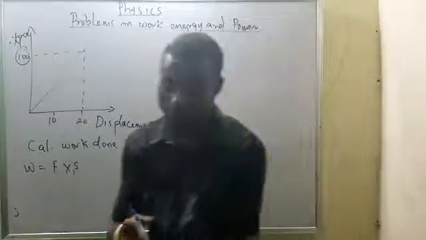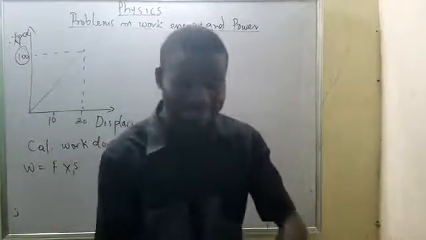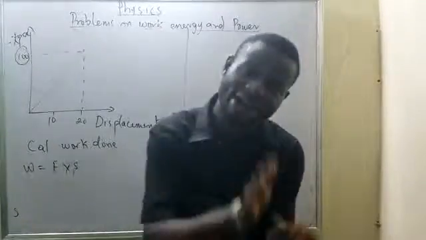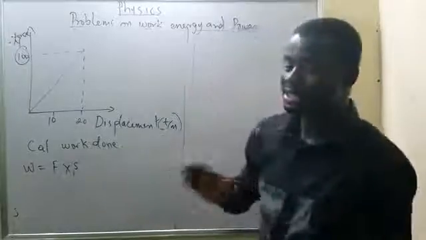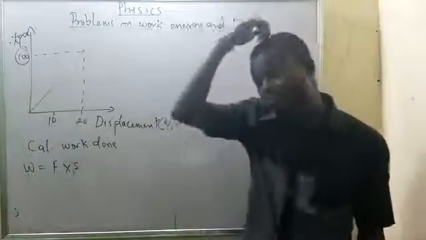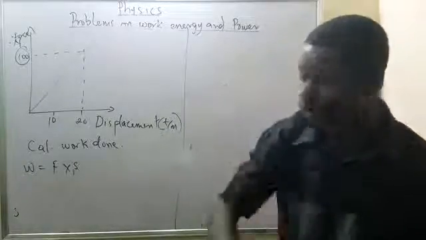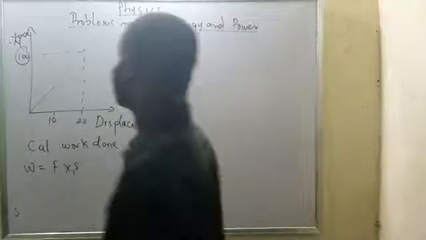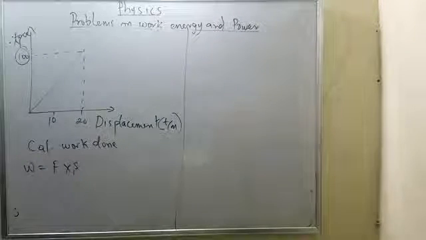But the difference between displacement and distance is that distance has no direction. Displacement is attached to direction. When you are talking about speed, you'll be working on distance. When you're talking about velocity, you'll be working on displacement, which I've explained in my previous class.